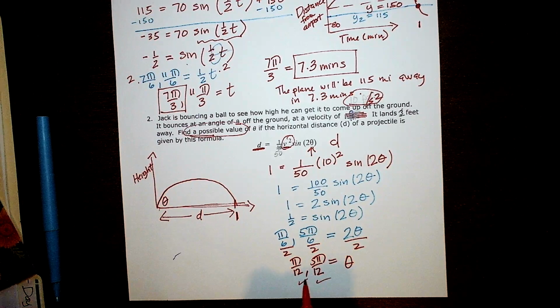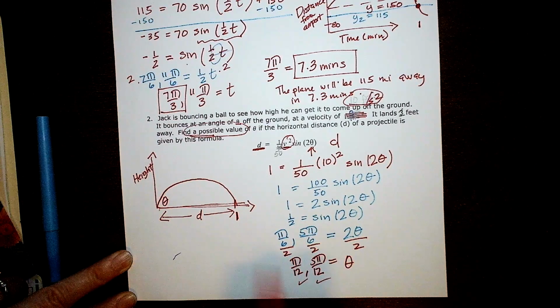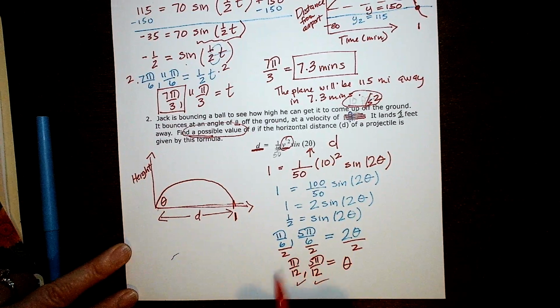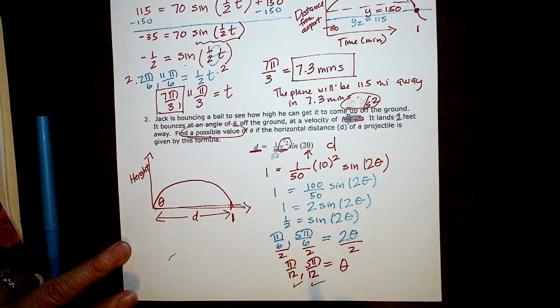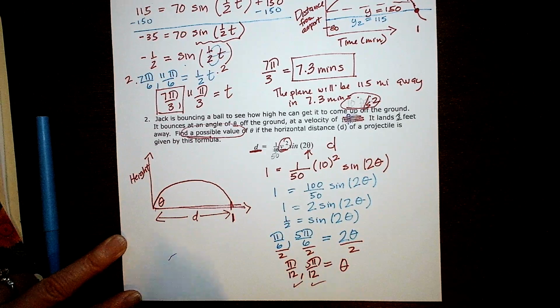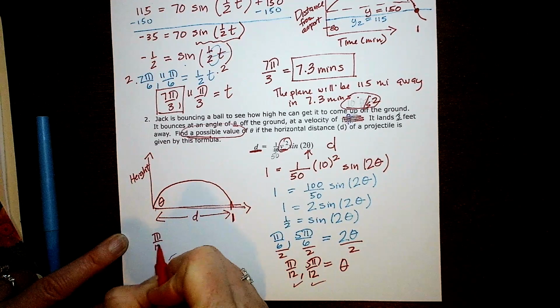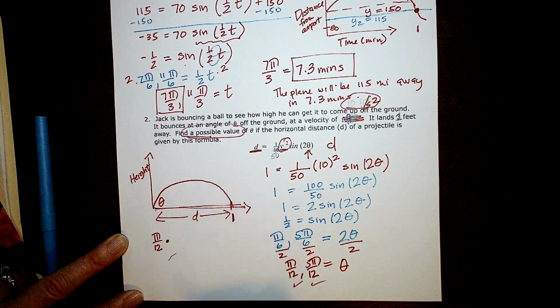Let's say this is a multiple choice question and the answers are given in degrees. If the answers are given in radians, the answer will be one of these two. If it's not given in radians, it might be given in degrees. So what we would have to do is translate these into degrees. Pi over 12 times, how do we get degrees?